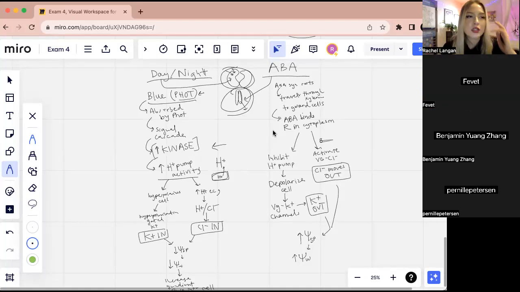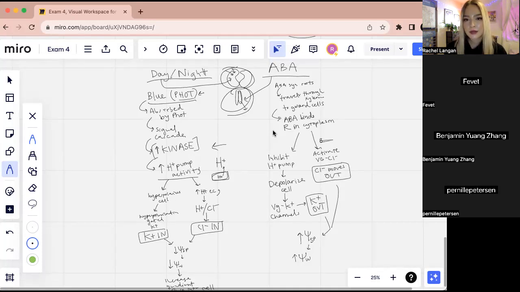So you just might be given a case where, under normal conditions, ABA does this. But in this cell, there's a weird mutation, and for some reason, the concentration of potassium is now this in and out. How would that change the response to ABA?